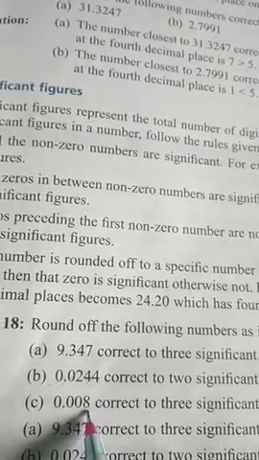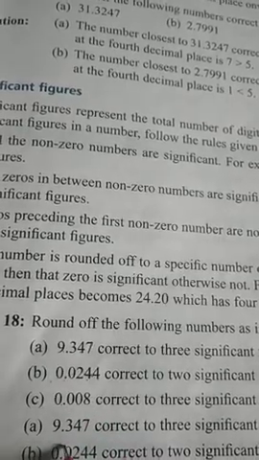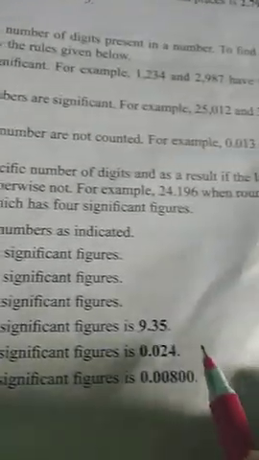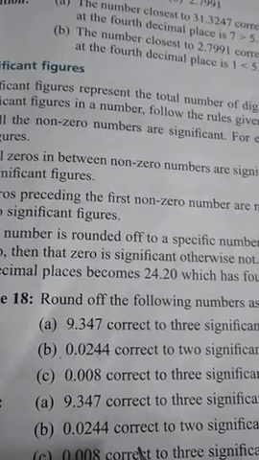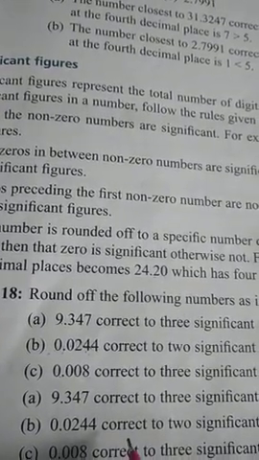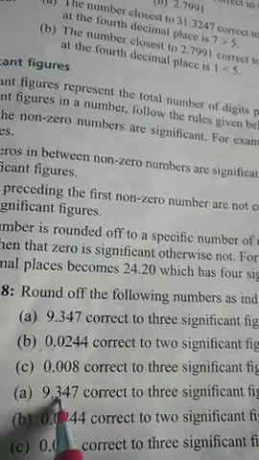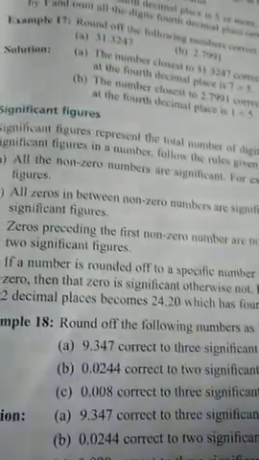So what we will do in this case, you have to put 2 zeros by yourself to make it significant, up to 3 significant figures. So 0.00800, you have to put by yourself. Okay. I hope you have understood.